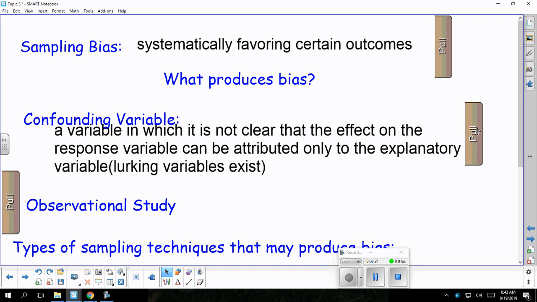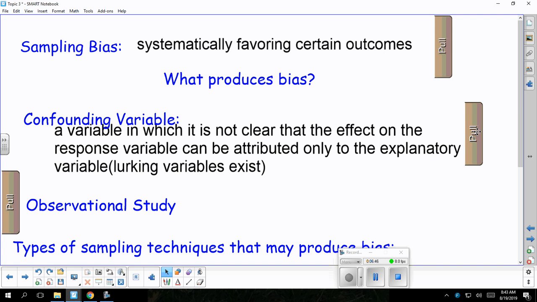There was another study. It turns out that the more firefighters that are at a fire, the more damage that is caused by the fire. Right? So is there a cause and effect between more firefighters and more damage?